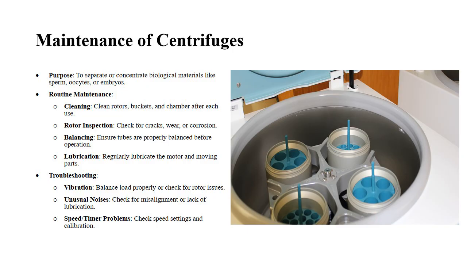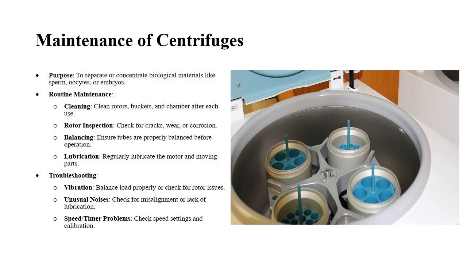Lubrication: ensure that the motor and moving parts are properly lubricated according to the manufacturer's instructions to avoid wear on bearings and other components. Troubleshooting vibrations: excessive vibrations may indicate an unbalanced load. Ensure that tubes are properly balanced and the rotor is not damaged.